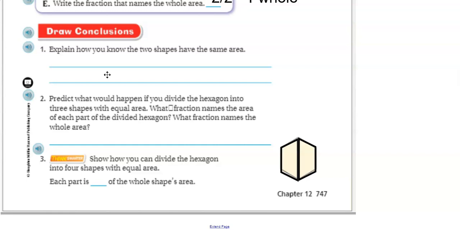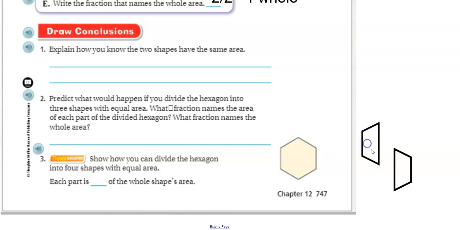Number 2, predict what would happen if you divide the hexagon into 3 shapes with equal area. Okay, well, what fraction names the area of each part of the hexagon? So if we divide it into 3 parts, you'd have to come up with a way to divide this into 3 equal parts.